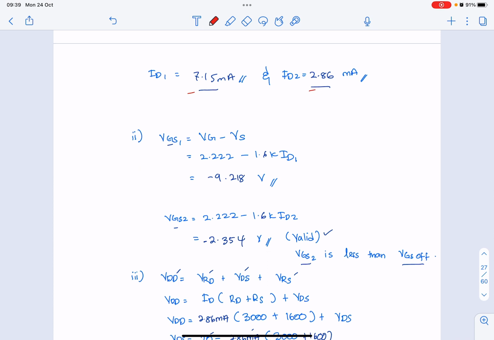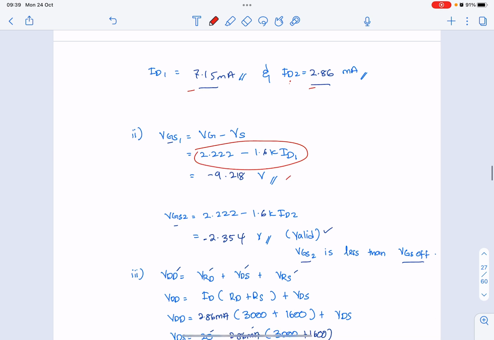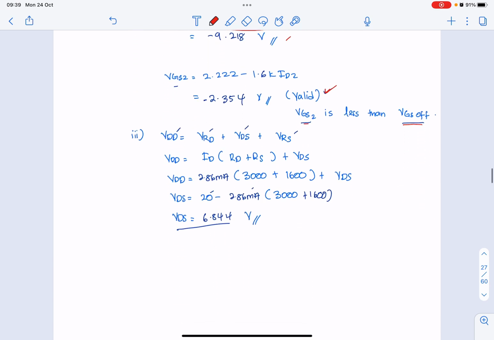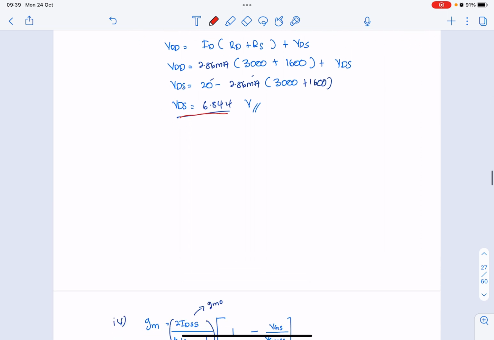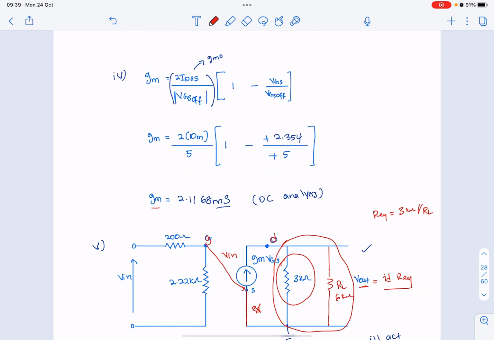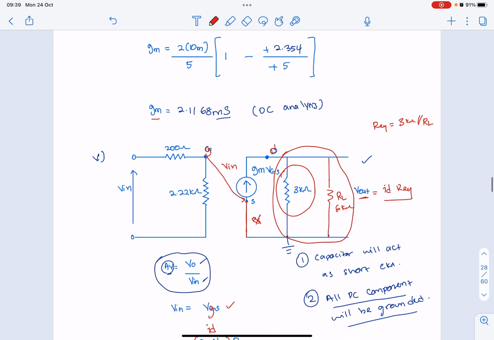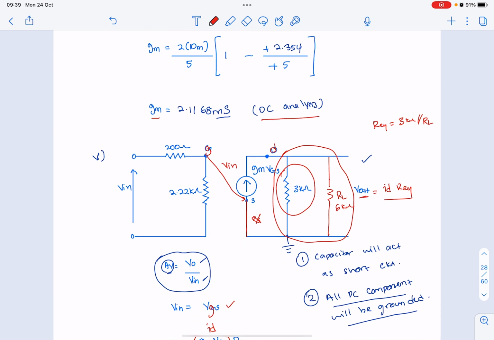If you substitute this ID into this equation, you will get 2 VGS. If the VGS is less than the VGS off, then your VGS is valid. Next you need to determine your VDS, and then your GM, the transconductance. At this point, you have already solved half of the question, which is your DC analysis.